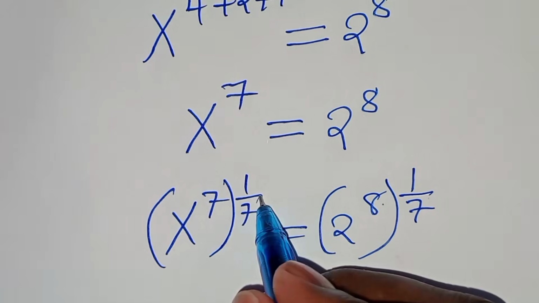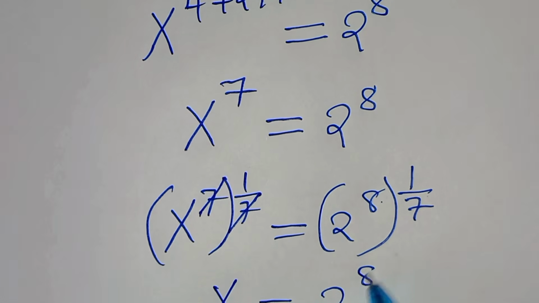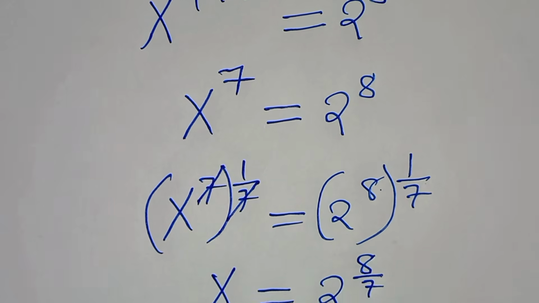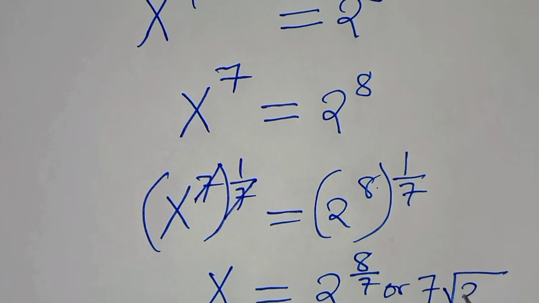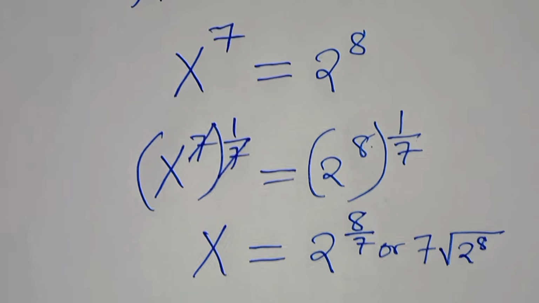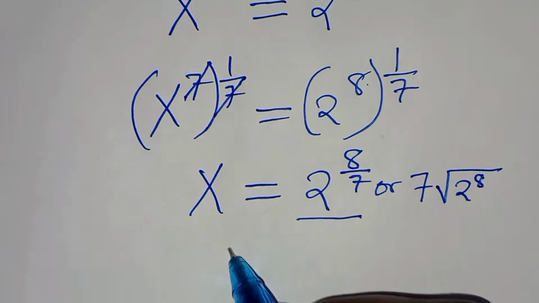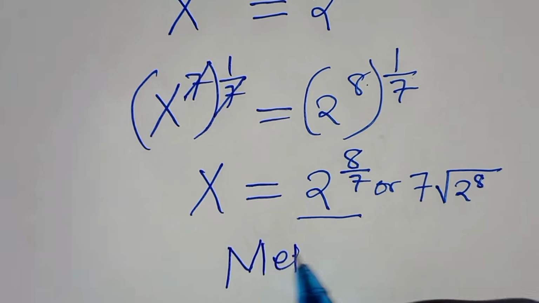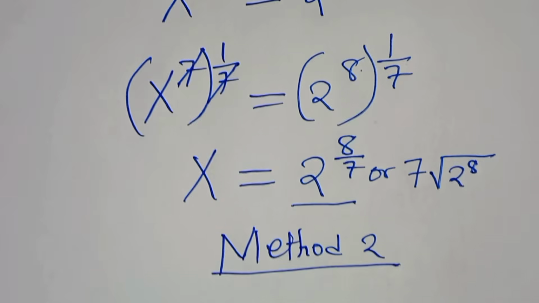Now, let's simplify, so that x is equal to 2 to the power of 8 over 7, or this is the same thing as the 7th root of 2 raised to the power of 8. Now this is the value of x. Let's apply method 2 from here.